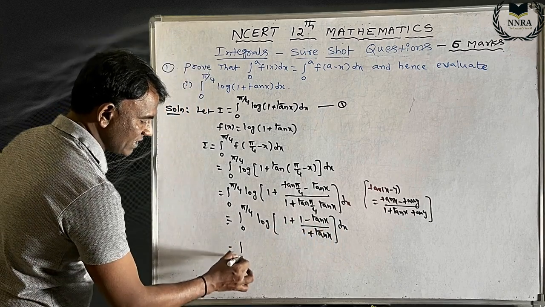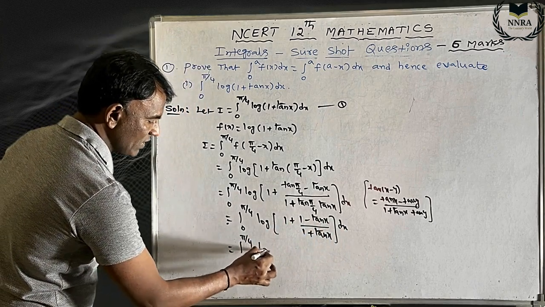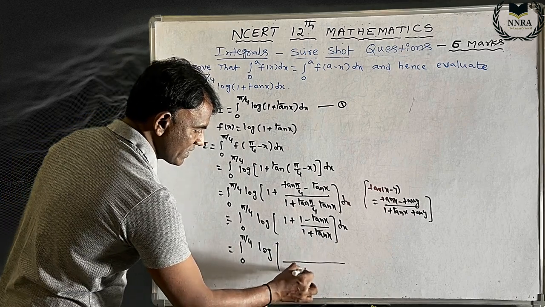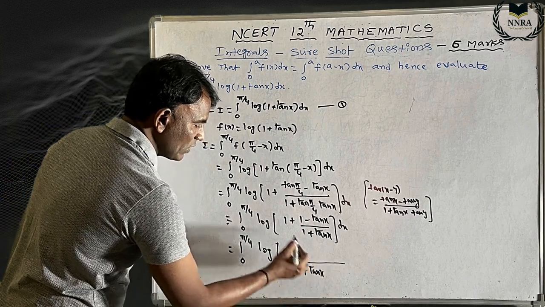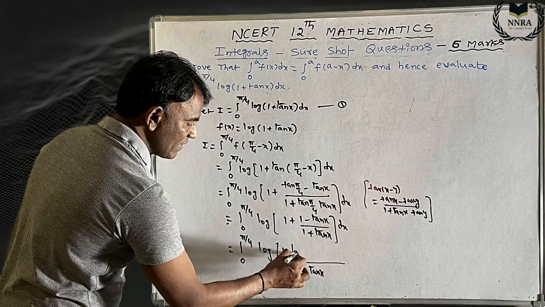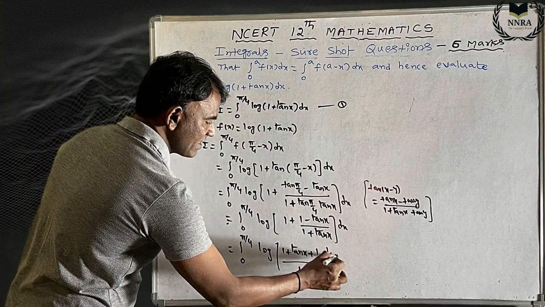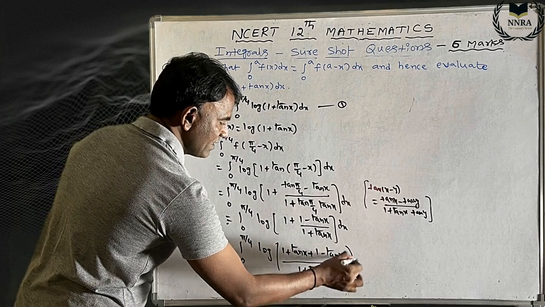And again integral 0 to pi by 4, now log of, just take LCM, that is 1 plus tan x. Now 1 into 1 plus tan x is 1 plus tan x, and plus 1 minus tan x, then dx.